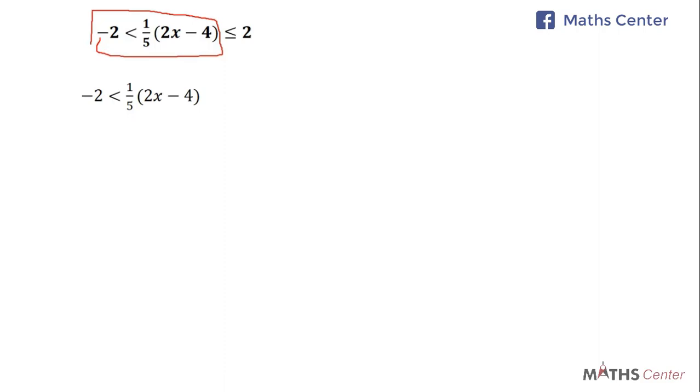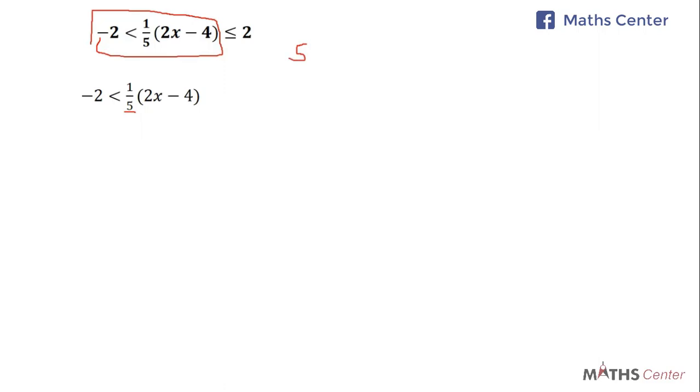We know that if you have an inequality that involves a fraction, the first thing you need to do is to first identify the fractions. So here there's only one fraction, which is 1/5. Now after you've identified the fraction, you find the LCM of the denominators. Since there is only one fraction, the LCM is going to be the denominator of that fraction, which is 5.